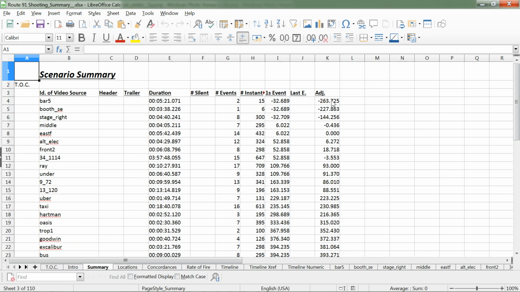And then over here, this gives a rough idea of the number of seconds that had to be added to or subtracted from the video relative times to bring this video into alignment with the global absolute time frame of 10, 10:05, 10:10, that sort of stuff.